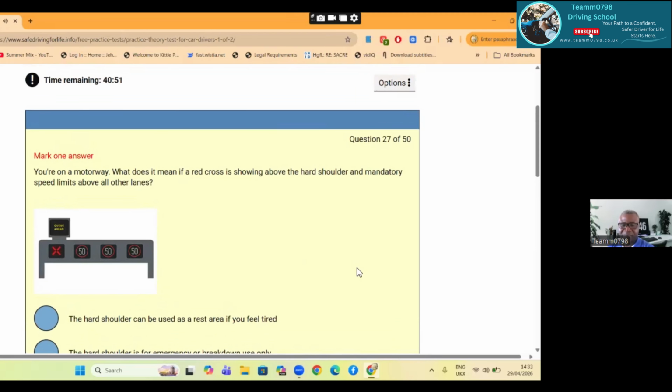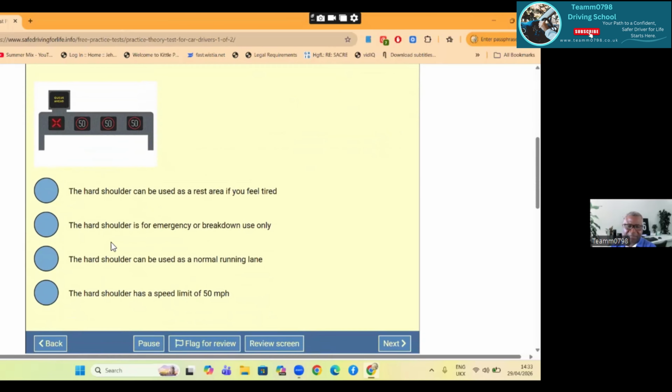Mark 1 answer. You're on a motorway. What does it mean if a red cross is showing above the hard shoulder and mandatory speed limits above all other lanes? Okay, since the introduction of smart motorways, hard shoulders are sometimes used as running lanes to help traffic flow. However, as the question suggested, if there's a red cross in the hard shoulder lane, it means that you cannot use that as a running lane.